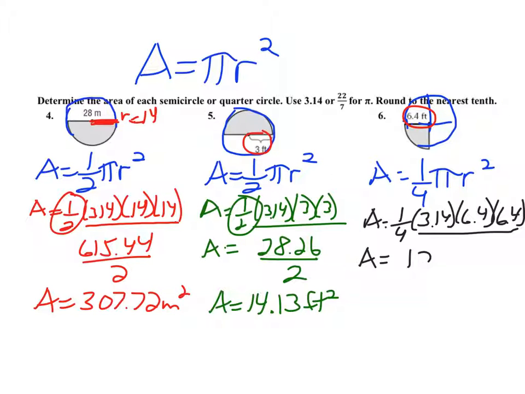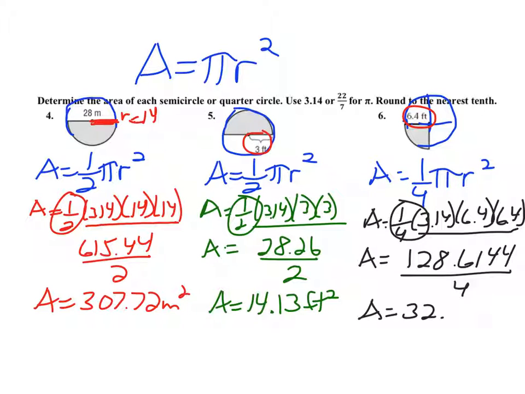You're getting 128.6144. And of course, you're going to divide it by 4, meaning taking a fourth. So divide by 4, and you get a final area of 32.1536, and you could just put 32.2 to round it off if you want to. And again, that one is square feet.